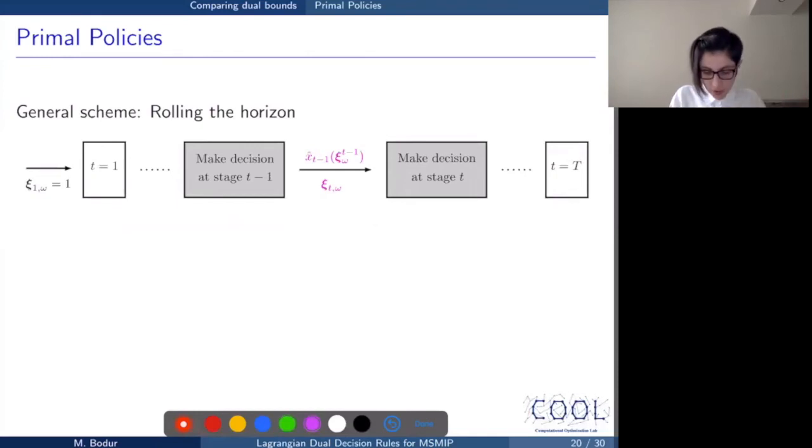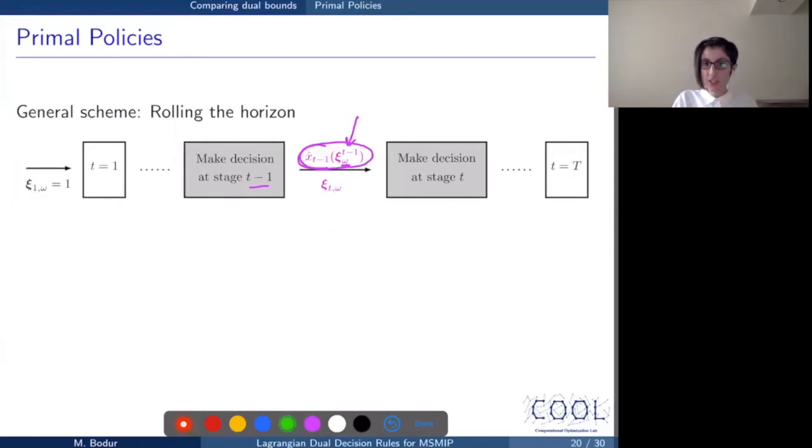So if you're at the current stage, say t-1, and you did whatever to obtain your policy, then your policy suggested to you at that point, with this observed history up until that point, omega being the particular sample path index subscript, you use all the information, you solved an optimization problem, or you don't care, you made up a solution, your favorite solution, you decided to commit to this x hat t-1.